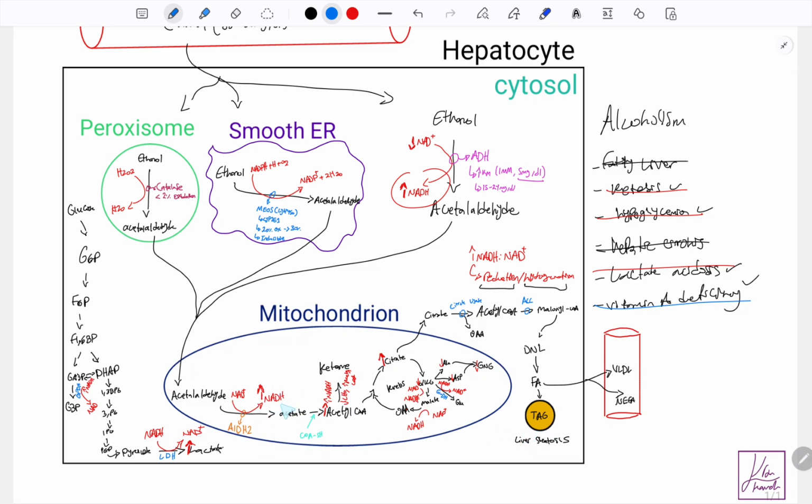We also said that the high NADH has some other impacts. It can affect the GPDH enzyme, which means that we're making a lot more glycerol to store with the TAGs. We're going to make a lot more lactate by affecting the LDH enzyme and pyruvate levels.